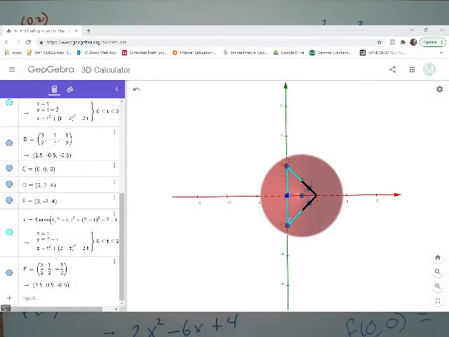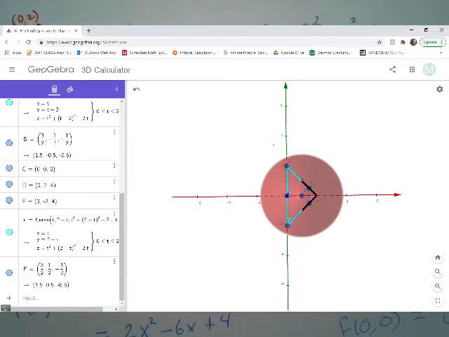What we see right now is the projection onto the XY plane of the surface itself, and also the boundary, and some other points, the critical point A and then those boundary points.